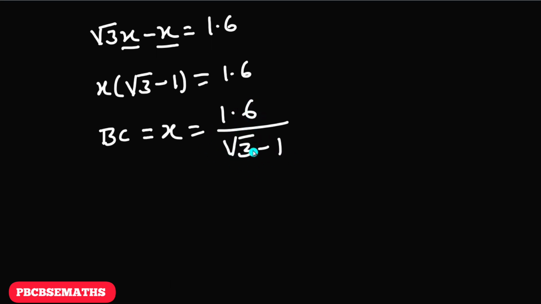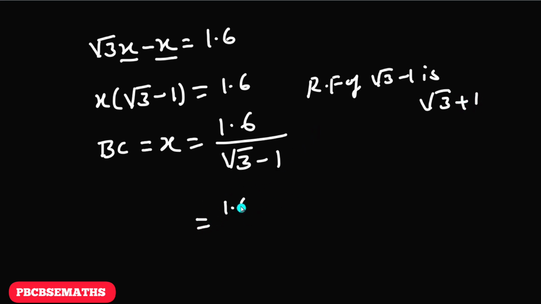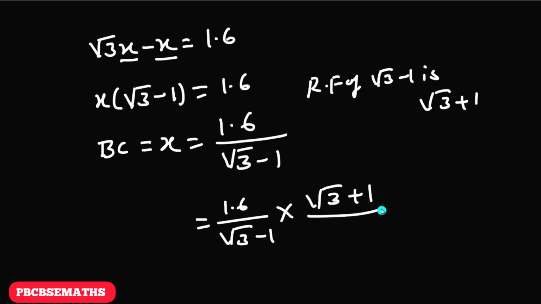For that, let's multiply both numerator and denominator of this x by the RF of root 3 minus 1. The RF, that is, the rationalizing factor of root 3 minus 1 is root 3 plus 1. So let's multiply both numerator and denominator by root 3 plus 1.